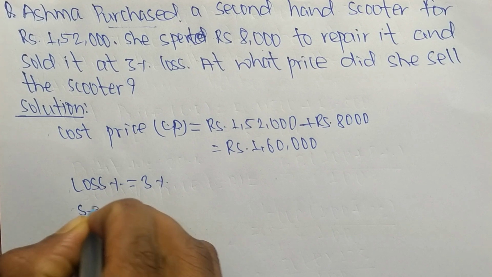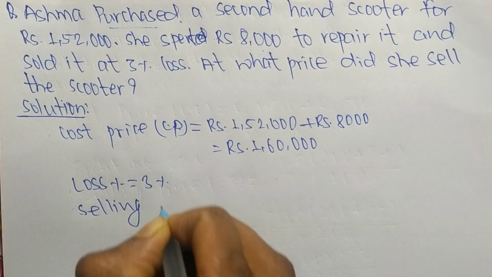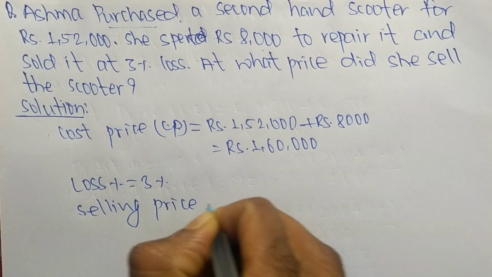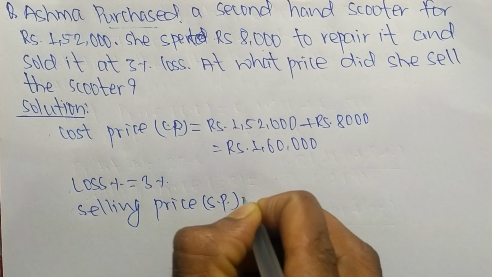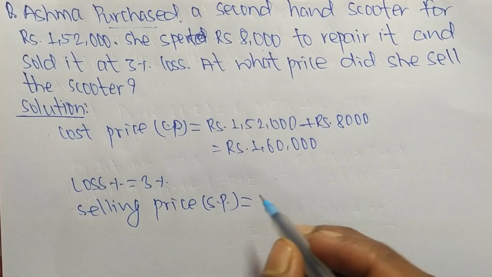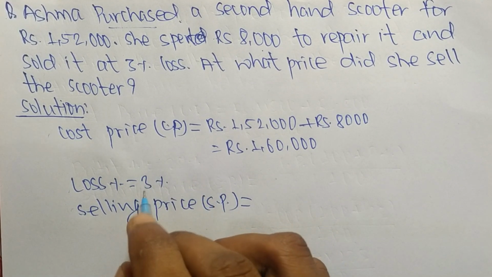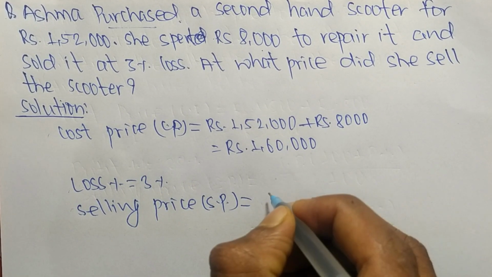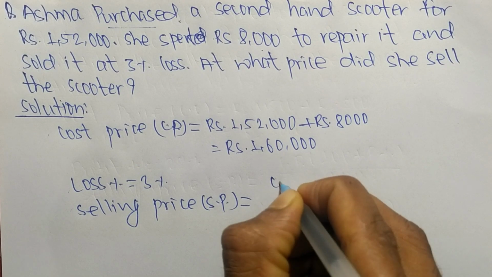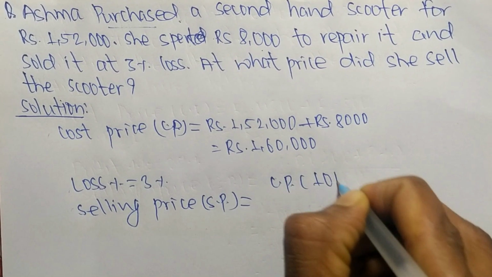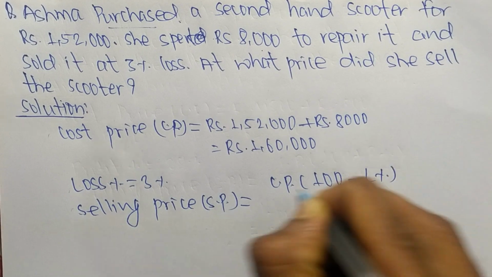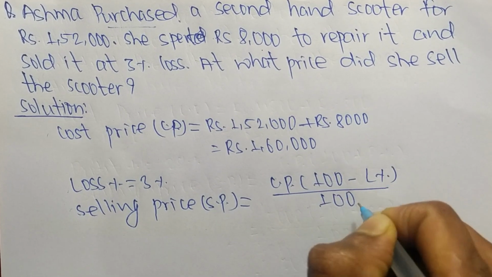So we have to find out here the selling price, that is SP. To find SP when cost price and loss is given, we use SP equal to CP into (100 minus loss percentage) by 100.